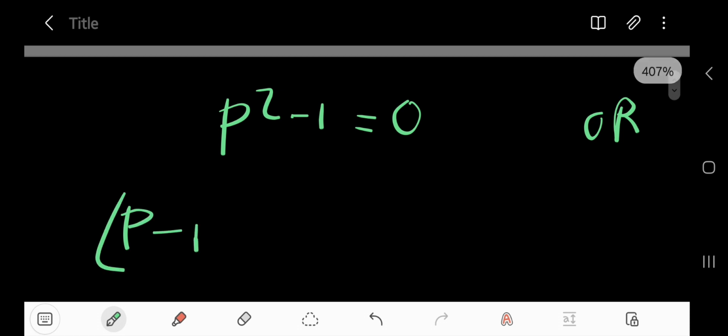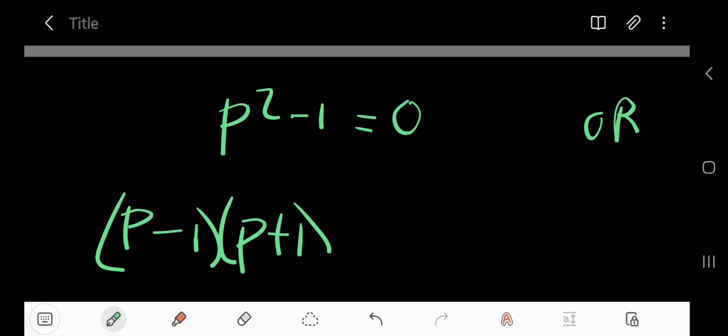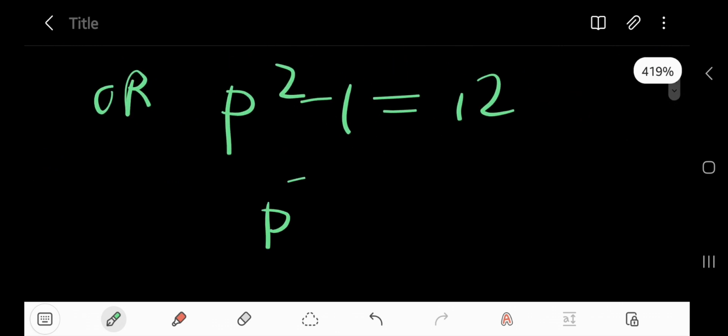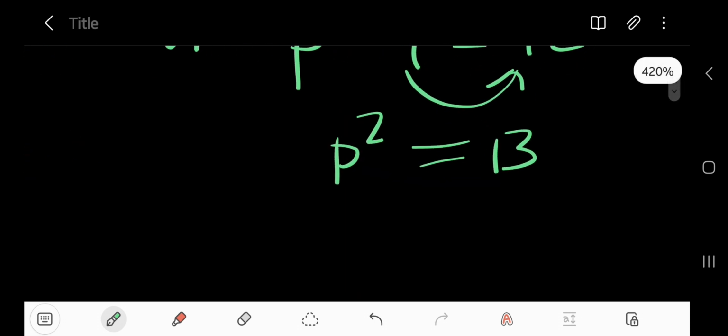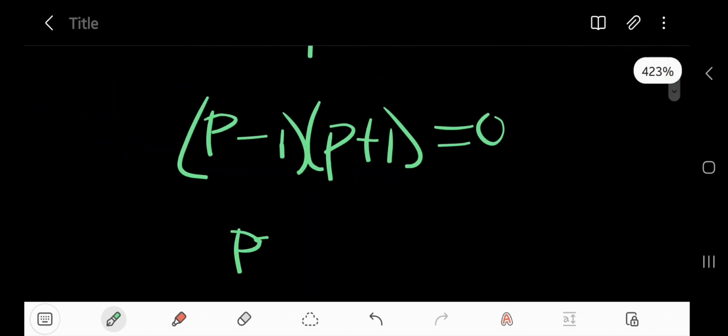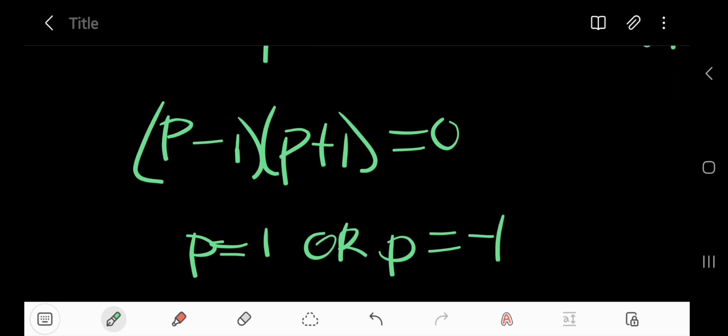We have p minus 1, p plus 1, that's a difference of two squares, is equal to 0. Or we have p squared is equal to, this goes that side, 13, which therefore renders p as plus or minus the root of 13. And this means p is equal to 1, or p is equal to negative 1.